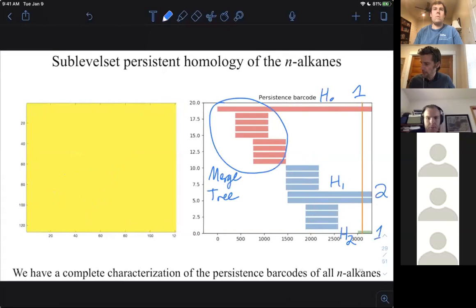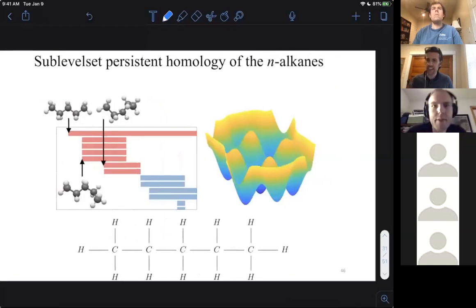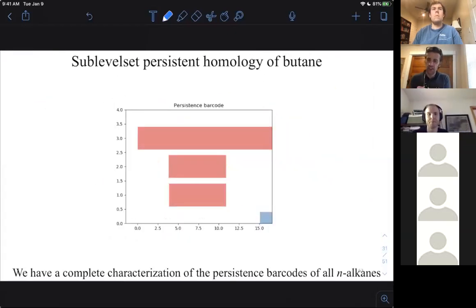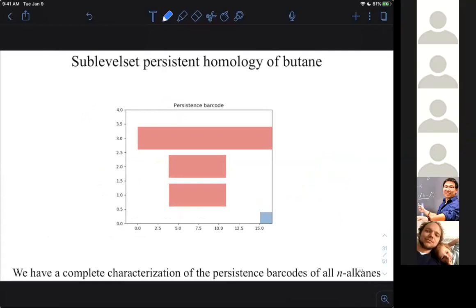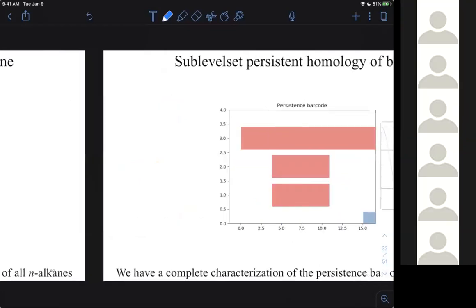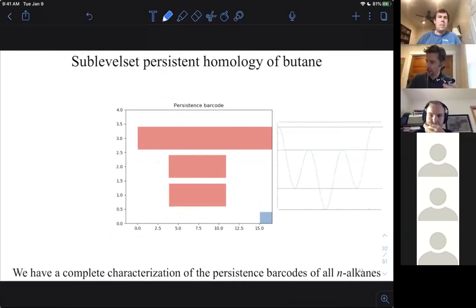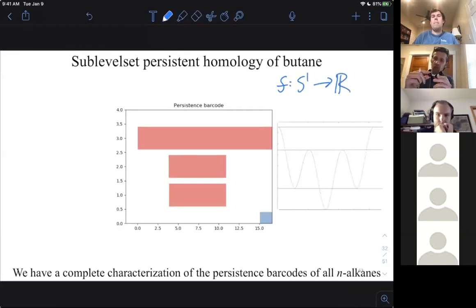Okay. So let me try to convince you that this is computational as follows. I'm going to start with butane, so only 4 carbons. And then we're going to keep adding carbons, and we're going to get higher and higher dimensional functions. So right now, this is just our energy function from the circle to the real line, because we only have 1 dihedral angle.